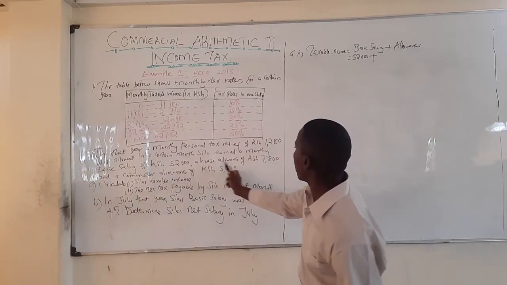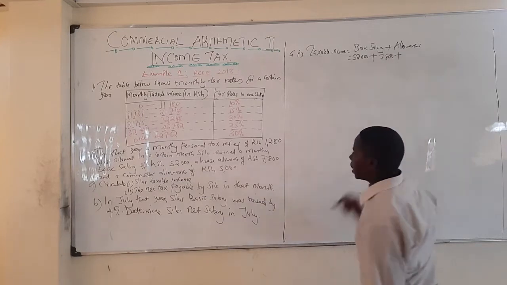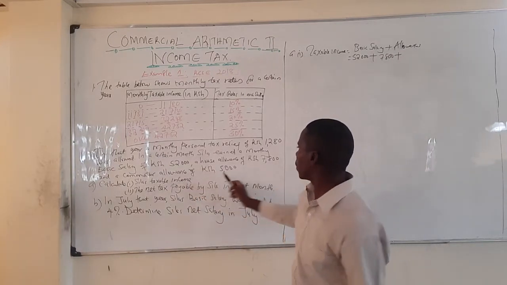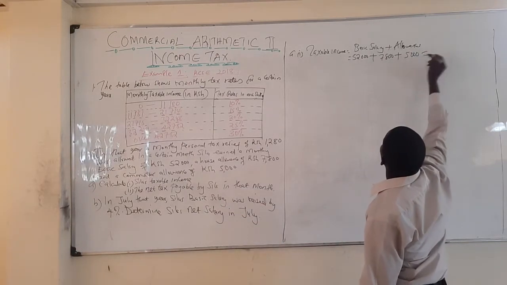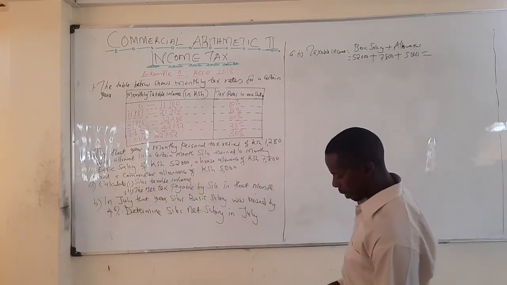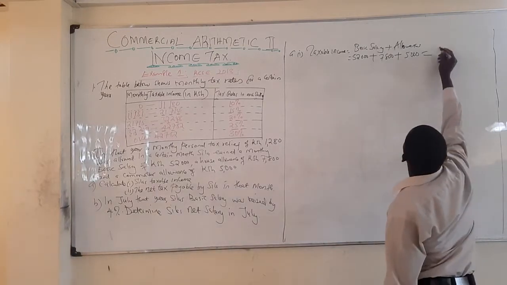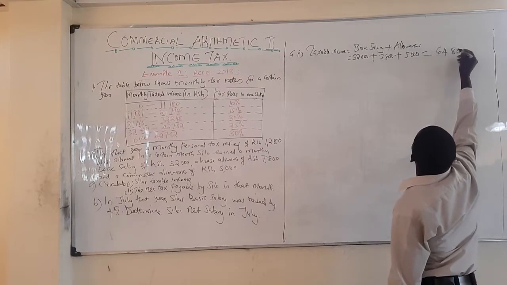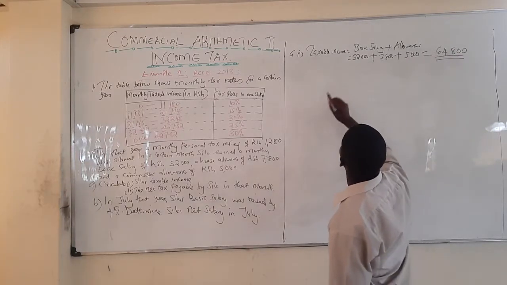We have a house allowance of 7,800, and we also have a commuter allowance of 5,000. We add the three and we are going to get 64,800. So that is our taxable income, 64,800.